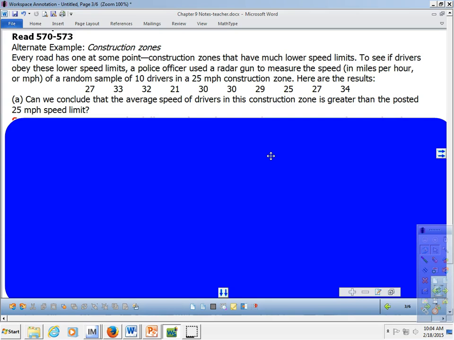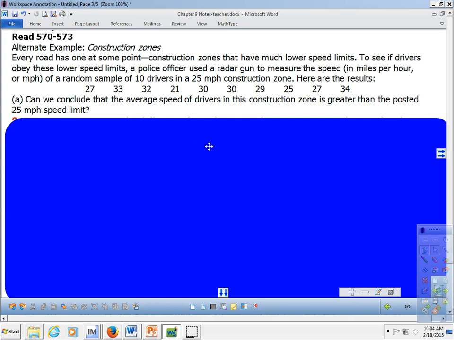Can we conclude that the average speed of drivers in this construction zone is greater than the posted 25-mile-per-hour speed limit? Do we need to monitor that zone a little bit more closely because people are driving too fast, right? You can use this in terms of an allocation of your resources. Do you need to post an officer there to get everybody to slow down? Well, let's go find out.